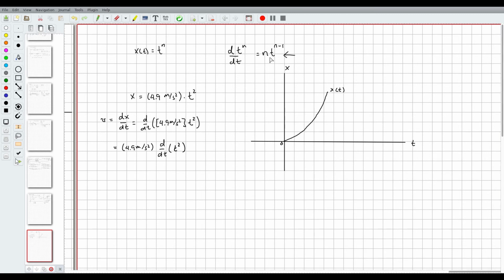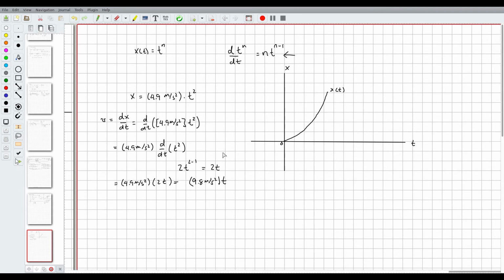Now, if you look at this rule right here for derivatives, when you take this derivative, the 2 comes down and t loses 1 power in exponent. So this is the same thing as 2 times t. So 4.9 meters per second squared times 2 times t. And if you carry the 2 through, this becomes 9.8 meters per second squared times t.